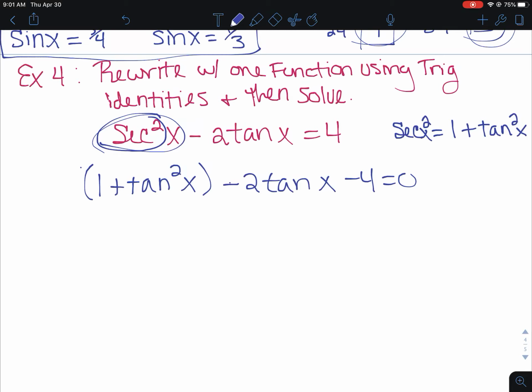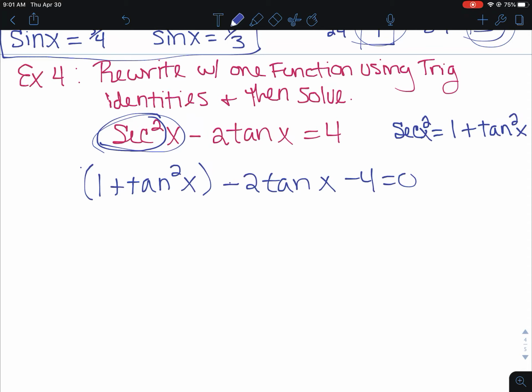And then let's combine some like terms. I can combine the 1 and the negative 4. So I get tangent squared x minus 2 tangent x minus 3 is equal to 0.